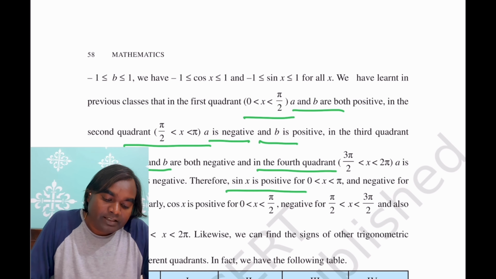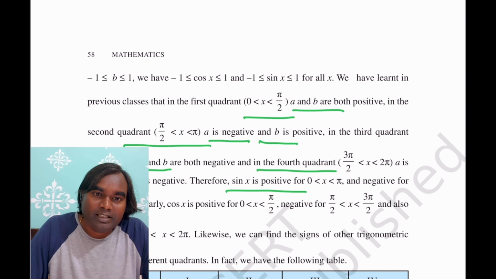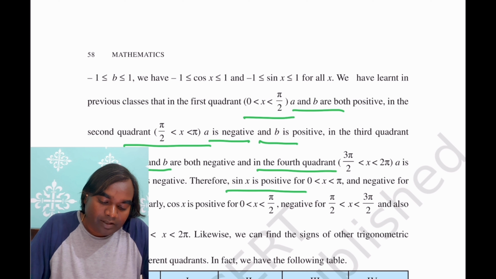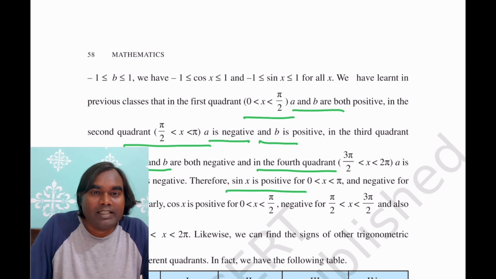Therefore, sin x is positive for 0 to pi, because in that case b, that is y, is positive, and negative for pi to 2 pi, because in that case b is negative.